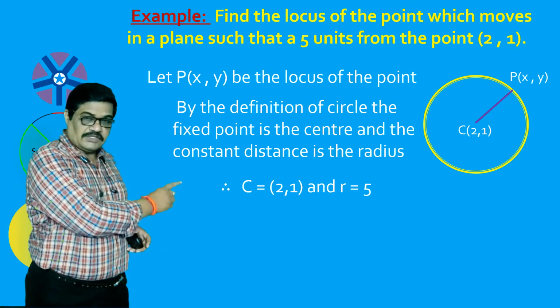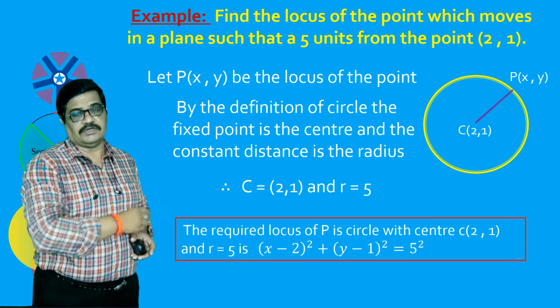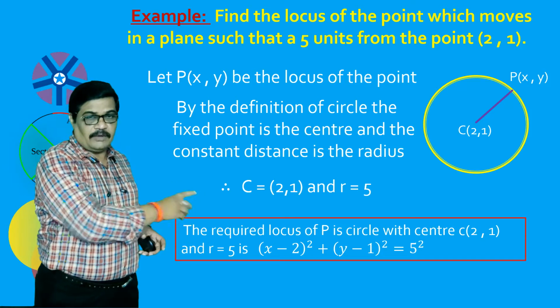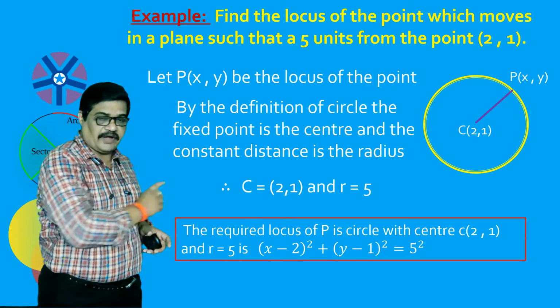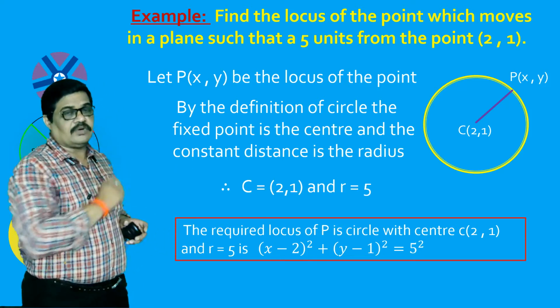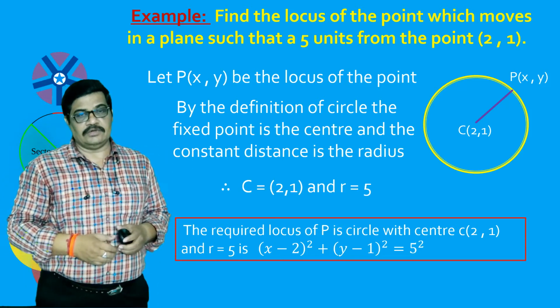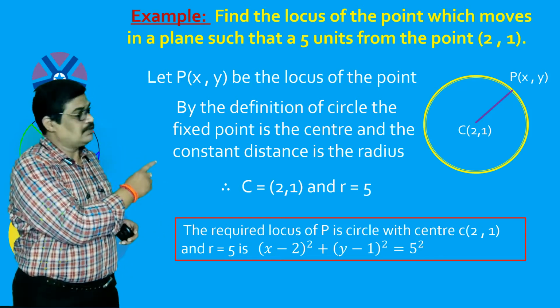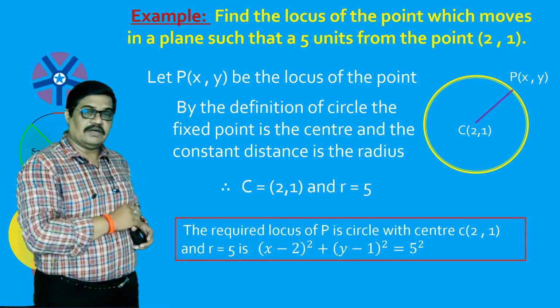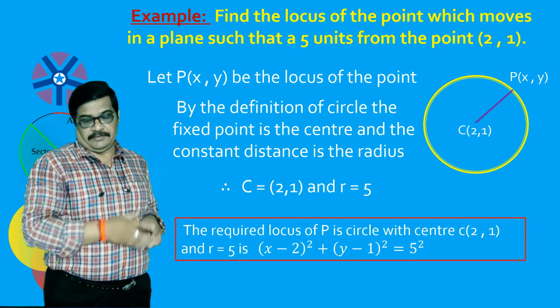The required equation of the locus of P, with center (2, 1) and radius 5: the circle equation is (x minus x1)² plus (y minus y1)² equals r². Here (x1, y1) is the fixed point (2, 1) and r is 5. Now substitute in the formula.